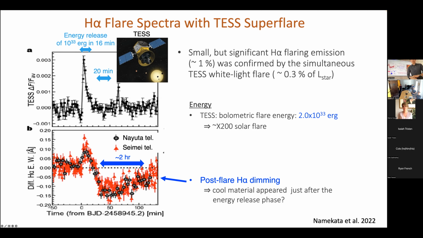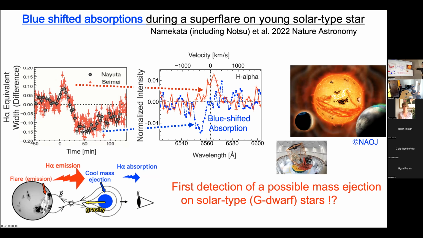And actually, this component can explain the plasma, if plasma is ejected. In the case of H-alpha, this is observed in absorption on the Sun. And this is a different profile from the pre-flare phase.